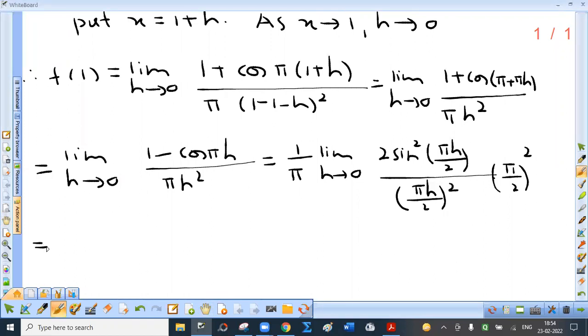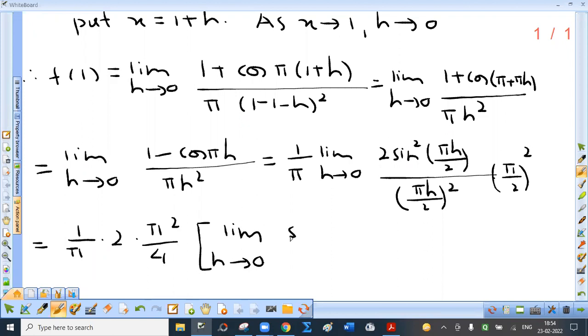So next step, this is 1 upon π into 2 into (π by 2) square. I will write π square by 4. And what is the limit of a square? Square of the limit. You should not write this directly; this step has to be written.